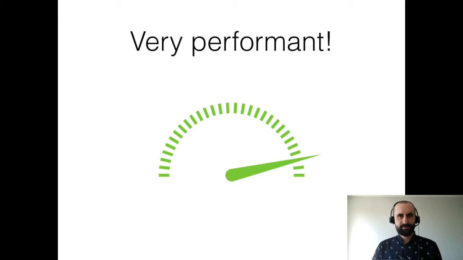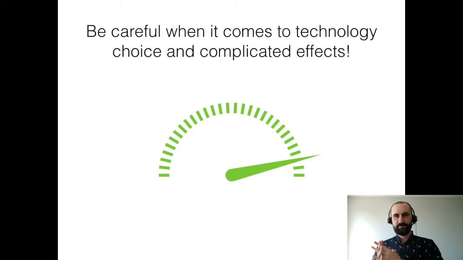The next thing I would like to outline is that GSAP is really performant. You can be sure that it won't stand in your way to reach 60 FPS in your animation. Even more important for performance may be the technology choice, for example, if you animate in a Canvas 2D or 3D context, or HTML or SVG.